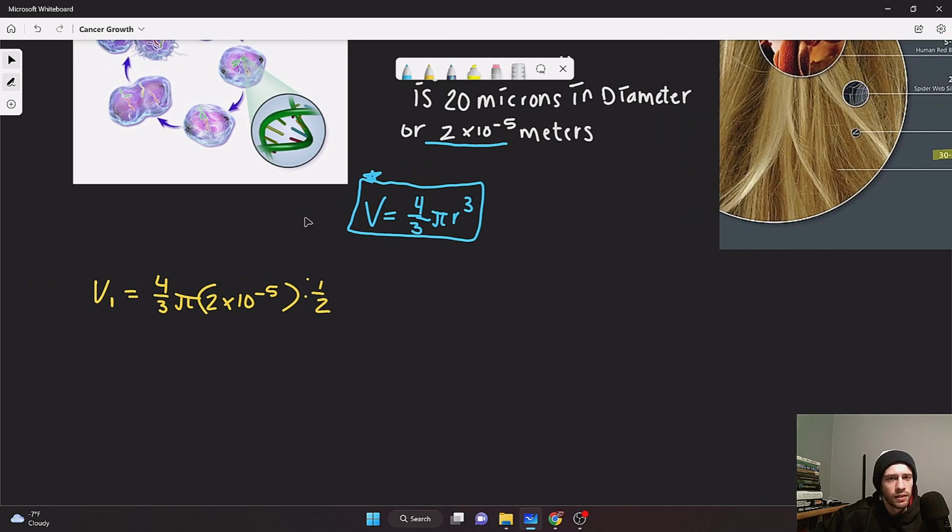So this equals, I will pause and I will calculate it for you because I haven't calculated it. This is going to be 4/3 pi, and half of this expression is 1 times 10 to the negative 5th.